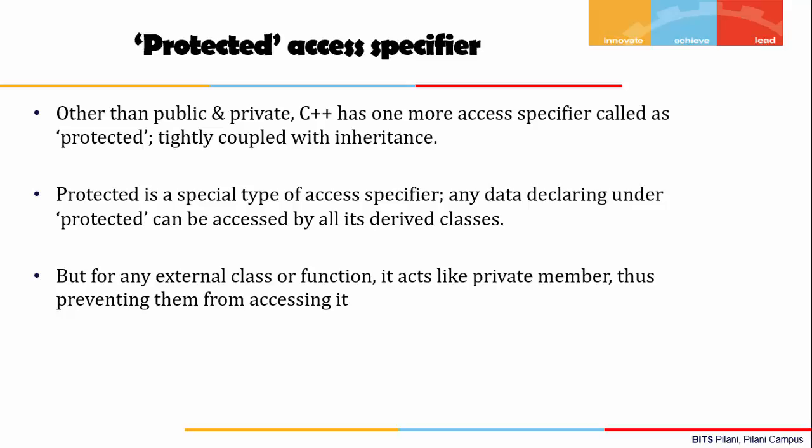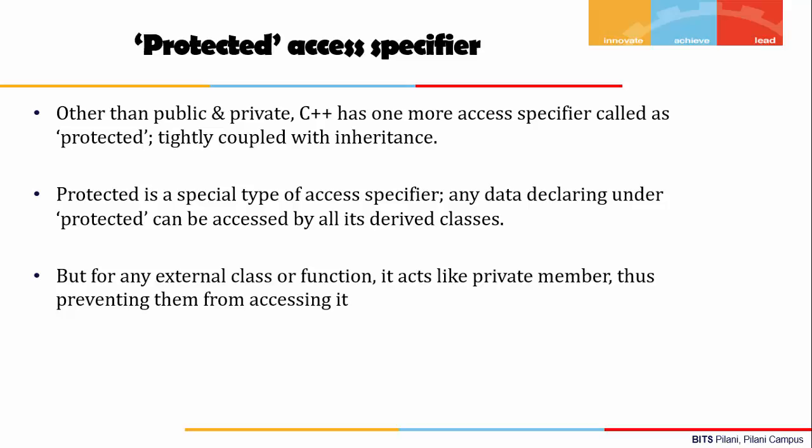Now we will study a new access specifier, that is protected. We have already studied the access specifiers private and public. A member function of a class can always access class members, whether they are public or private.